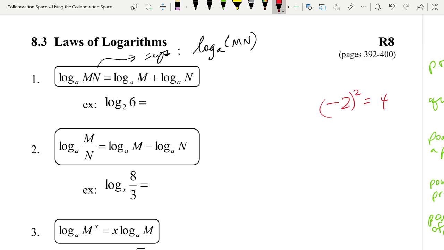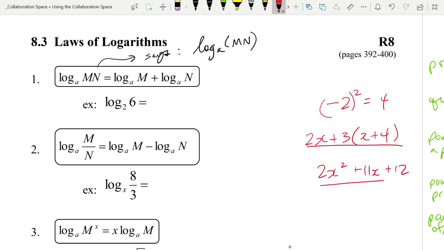And then they'll do something like 2x plus 3 times x plus 4, and they'll forget to put the brackets around this one. And then they'll tell me that that's 2x squared plus 11x plus 12. And I'll say, this doesn't equal this. You're not multiplying the 2x by this bracket. You're only multiplying the 3 by this bracket. And they'll say, oh, well, I meant for there to be a bracket here. I just didn't bother writing it down.